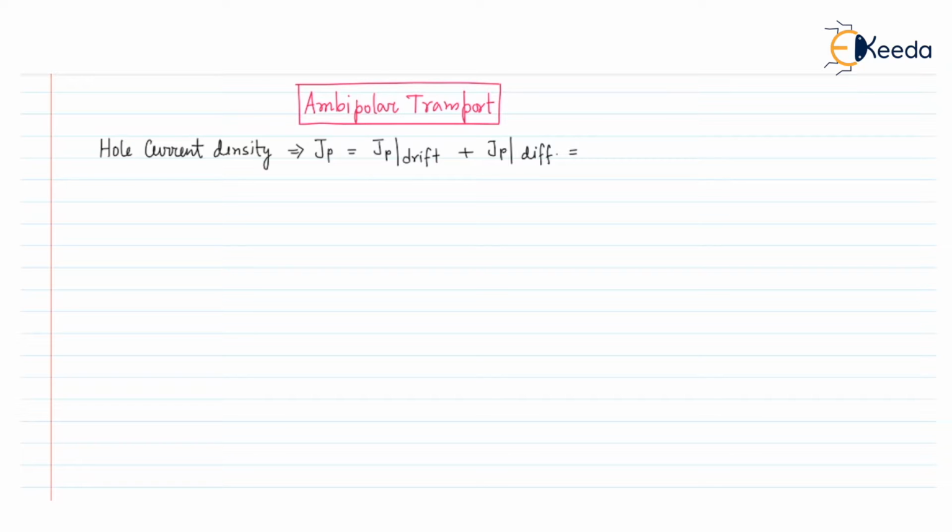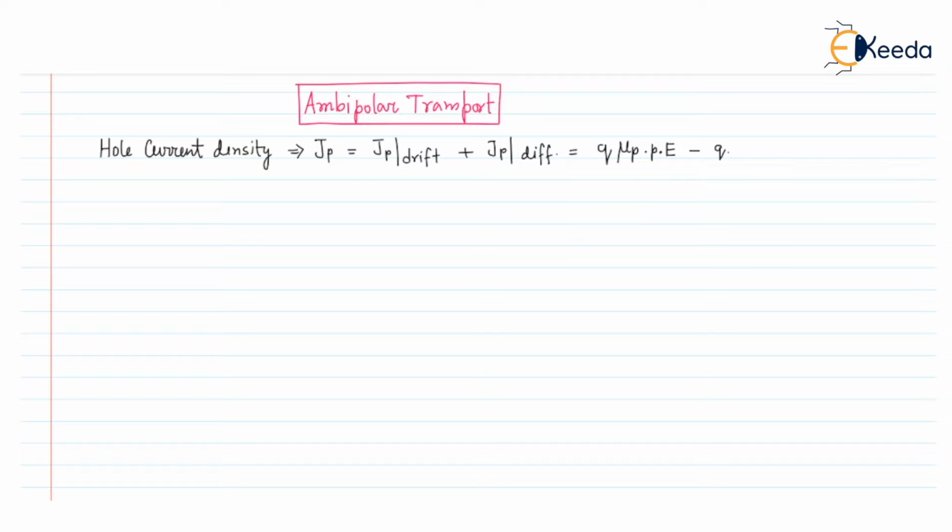These two phenomena, drift and diffusion, produce the total hole current density Jp. The drift current density for the holes is given by Q times mu p times p times E, and the diffusion current density will be negative because it is a hole.